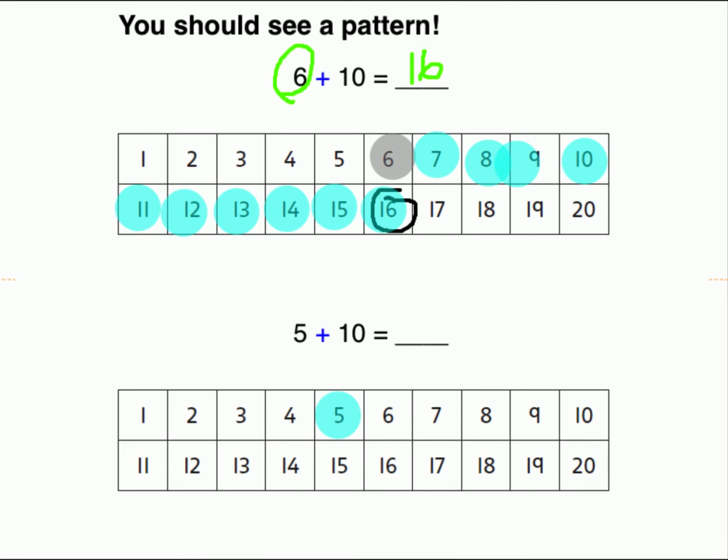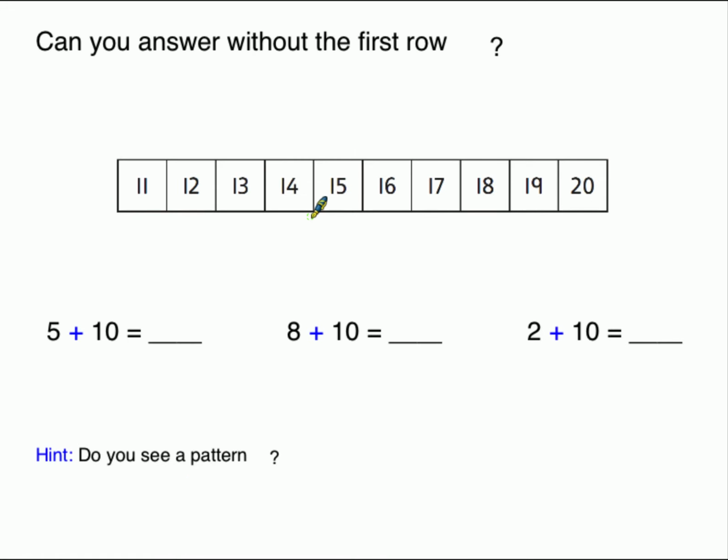5 plus 10 more is, it's got to have the 5. 15. Don't write it that way. So if you know the pattern, you should already know what 5 plus 10 is. Right here. 15. And 8 plus 10 is 18.